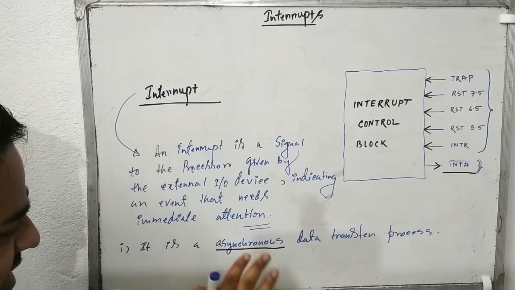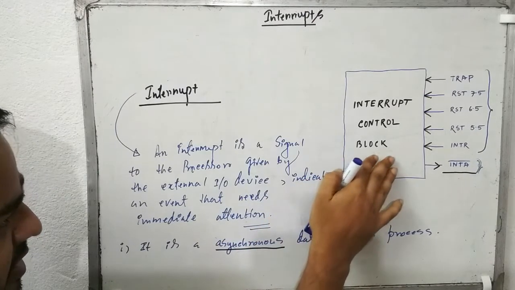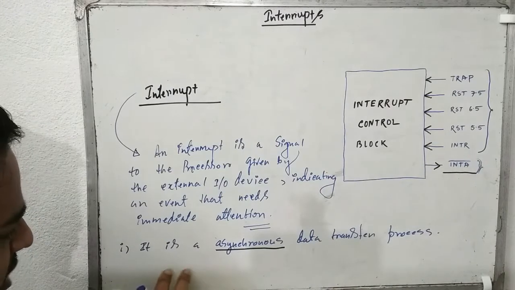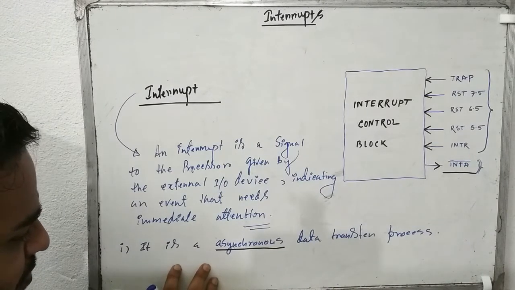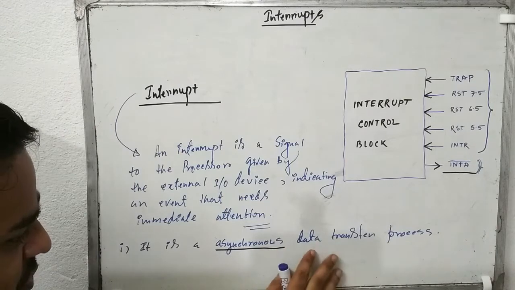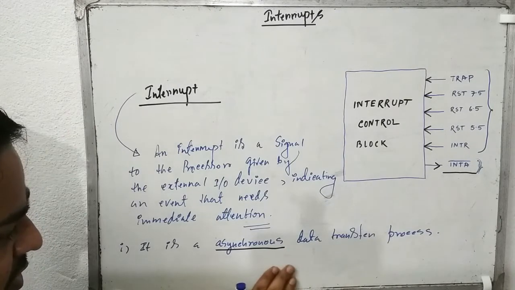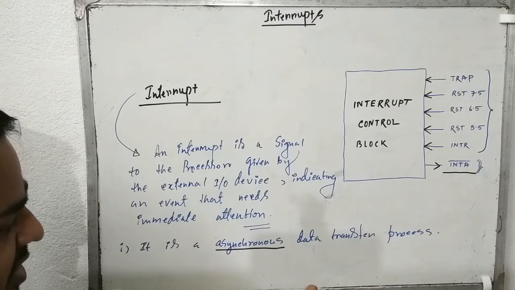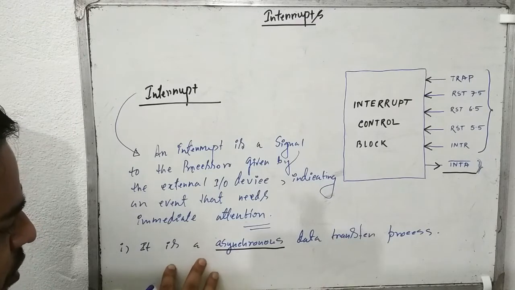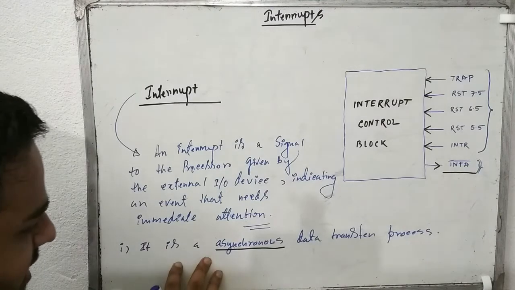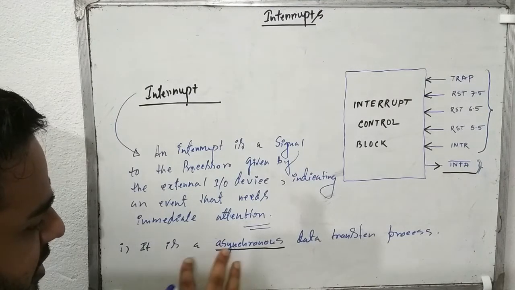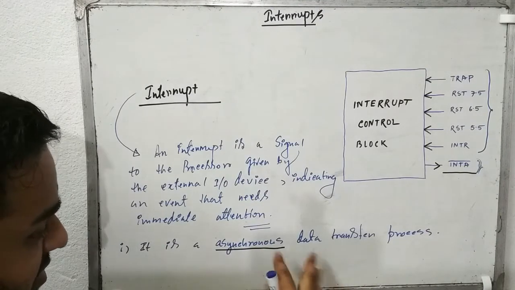So in this interrupt process, the microprocessor doesn't need to be synchronized in speed with the IO device speed. If the speed is not synchronized, it will also not depend upon time.